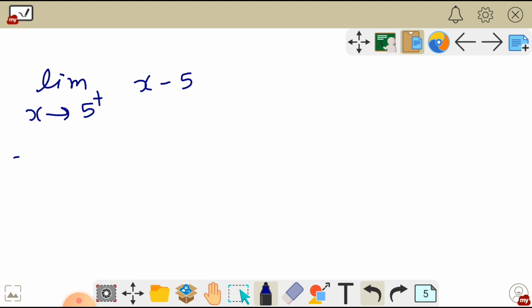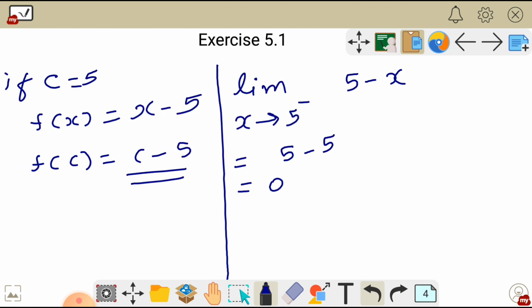Now put the value of x here, 5 minus 5, which is equal to 0, right? So as you can see that our left limit and right limit both are equal, and c is equal to 5, so we can say that f of 5 is equal to 5 minus 5, which is equal to 0, right?